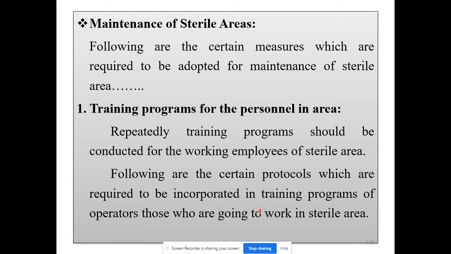Now what is meant by sterile area? You know very well, because I taught you about the sterile area and sterilization in second year while teaching microbiology. I taught you about the sterilization process, the sterile area and the sterile product.